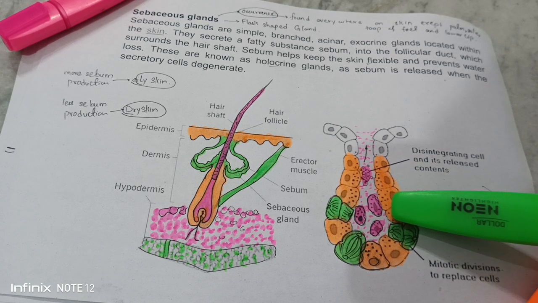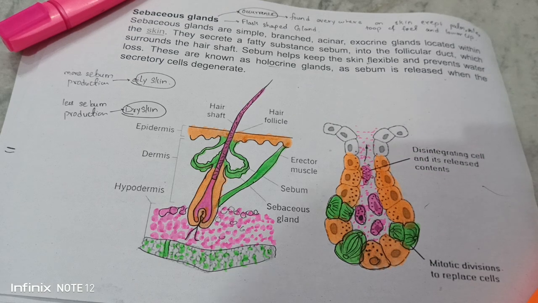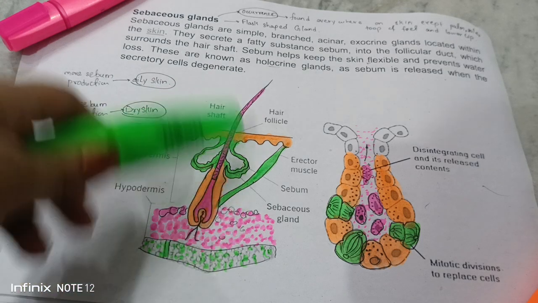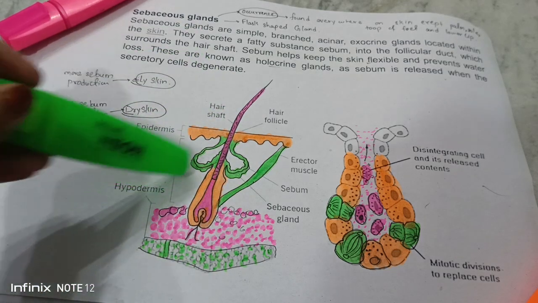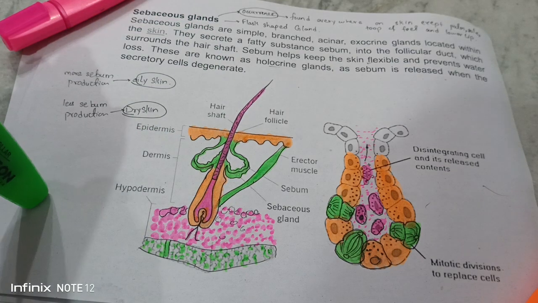So these glands are called holocrine glands. They not only release their secretions but also release their old cells into it. So our sebaceous glands are holocrine glands, because they also release their old cells onto your skin.